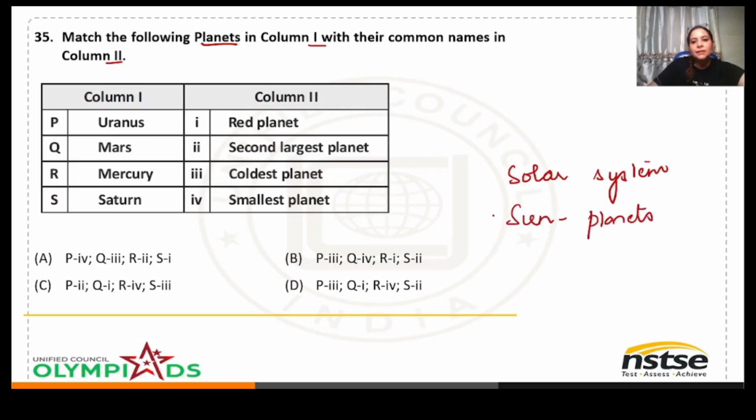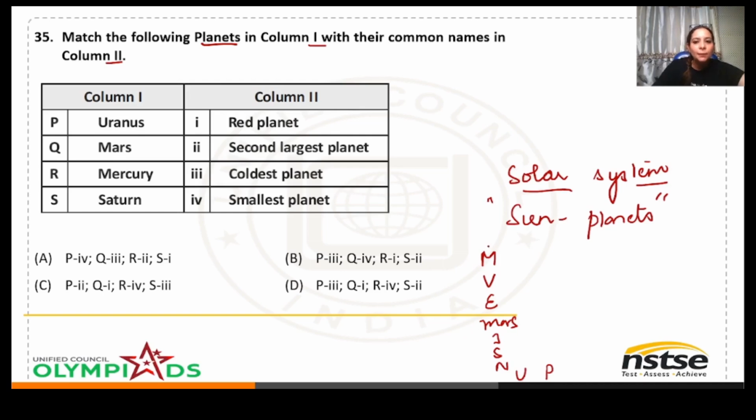In the solar system, planets orbit around the sun in a definite path. And also let me tell you that we have planets Mercury, Venus, Earth, Mars, Jupiter, Saturn, Neptune, Uranus or Pluto. And all these planets have certain special features.